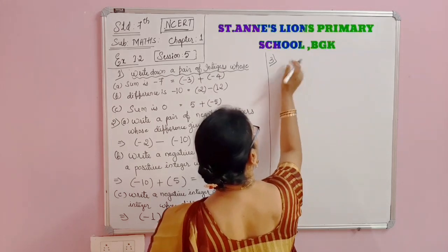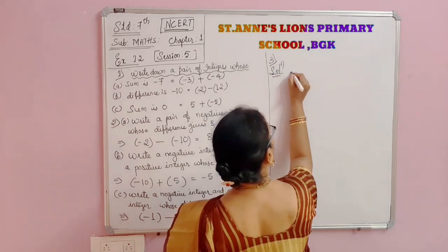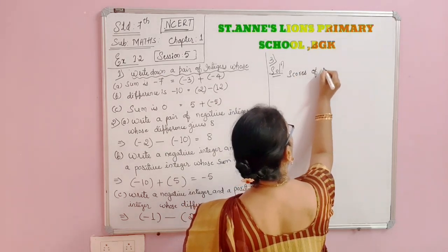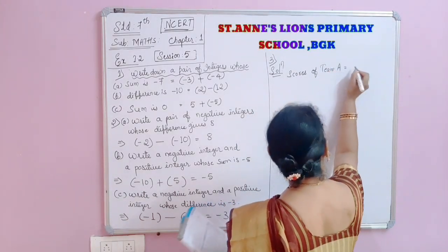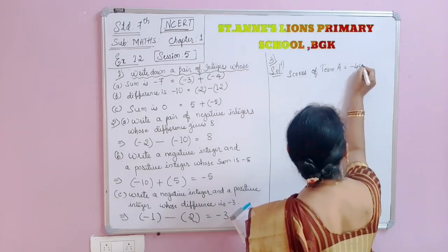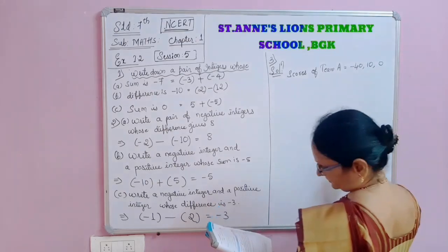Solution. Scores of team A. Which are those? -40, 10, 0.